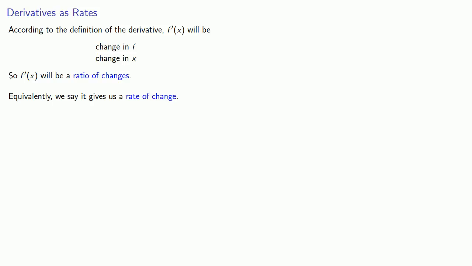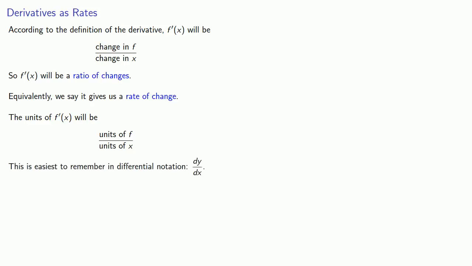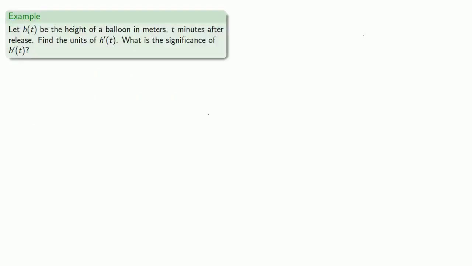Now, importantly, the units of f prime of x are going to be the units of f divided by the units of x. And this is actually easiest to remember when we write it in differential notation, dy over dx. For example, let h of t be the height of a balloon in meters t minutes after release.